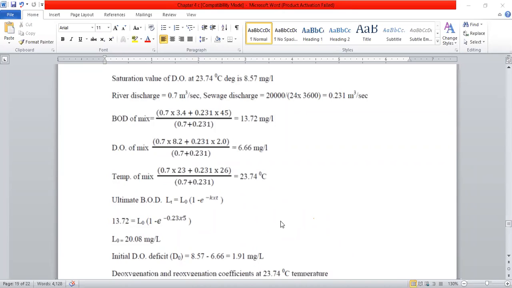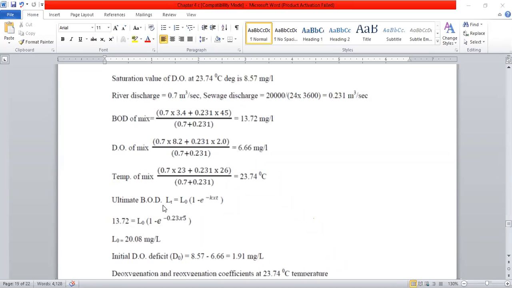Okay, have you done? Now the ultimate BOD, that is Y5U. We have given the notation Y5U, or it is nothing but the LT. That equation we have solved in the first chapter. So Y5U is equal to L naught into bracket 1 minus e raised to minus k into t. What is the value of Y5U?